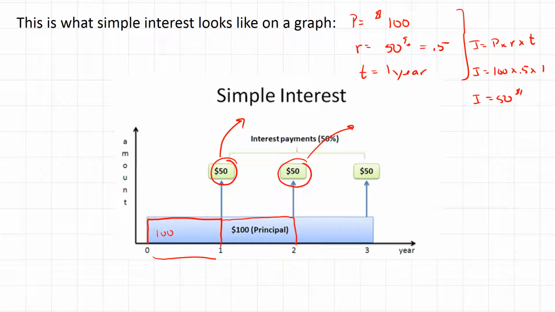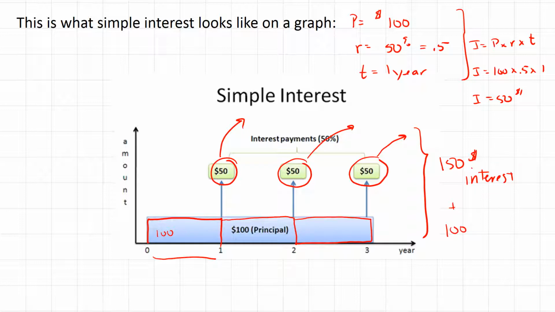And third year going, you leave the $100 in the bank account, and again, at the end of the third year, you make $50. So just by leaving the money in the bank account, you have made $150 of interest. And you still have the $100 that are in the bank account. Not bad, right? But how does that compare to compound interest?